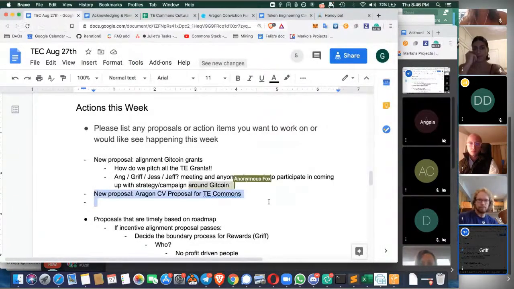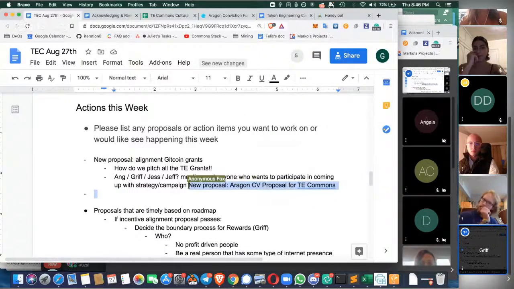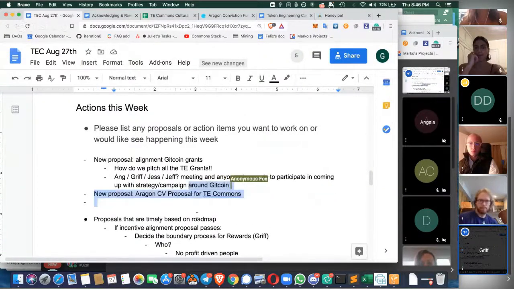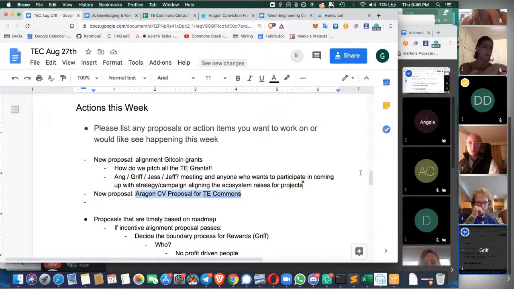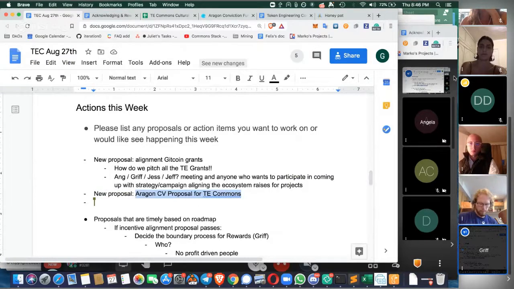Anyway, another one, along with Gitcoin grants, as Jeff had mentioned, is another opportunity to speed up our syncing: to also make some Aragon conviction voting proposals for the Token Engineering Commons and maybe other token engineering groups as well. I was thinking of leading this up.